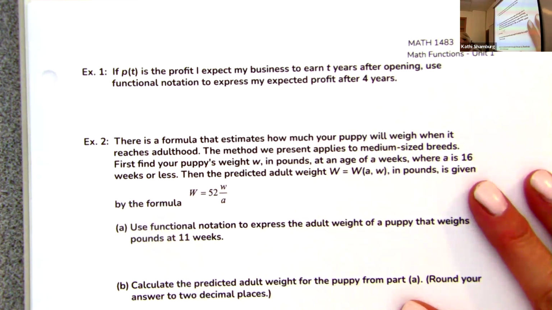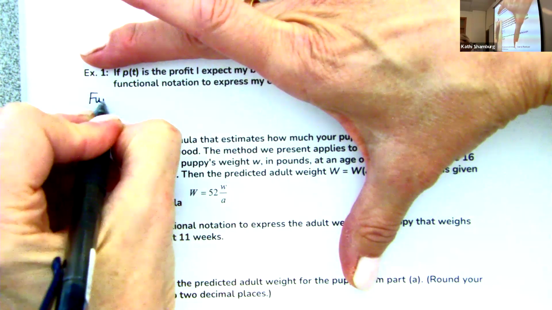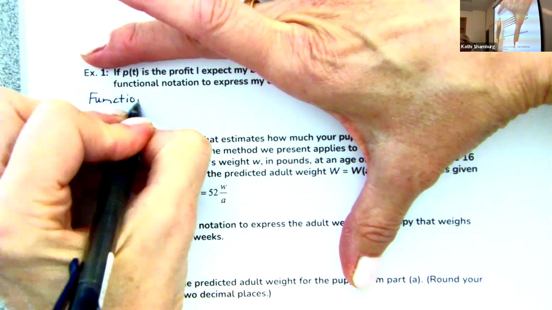All right. So here's our problem. If P of T is the profit I expect my business to earn T years after opening, use functional notation to express my expected profit after 4 years. All right, so first thing that I want to do is define the function.